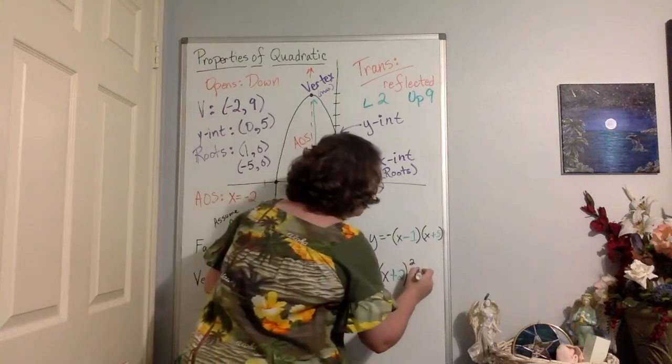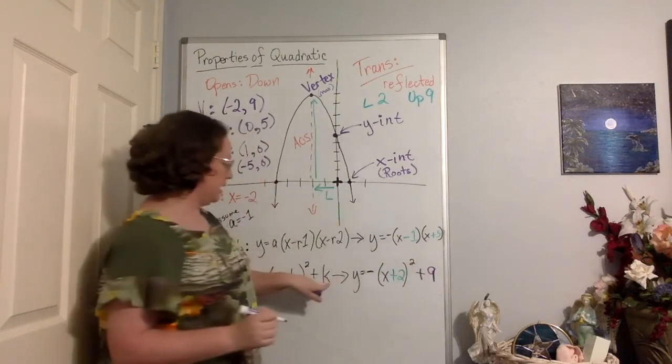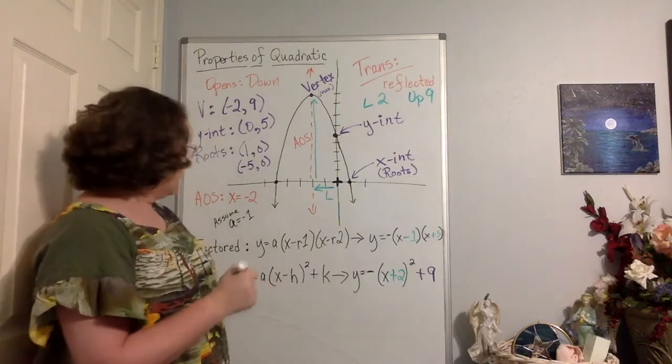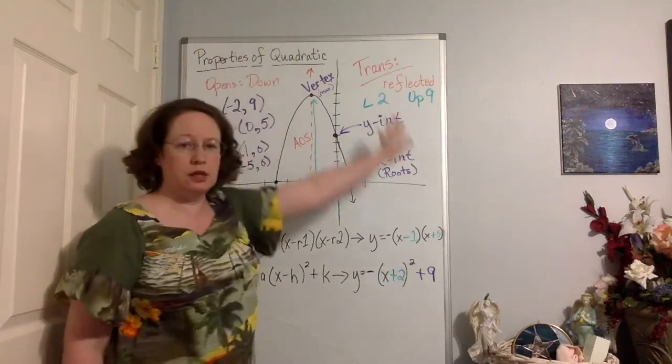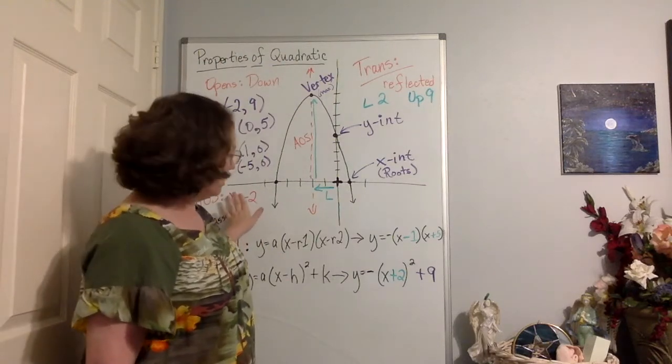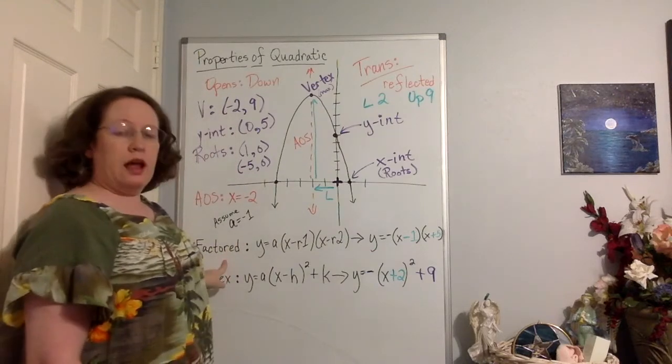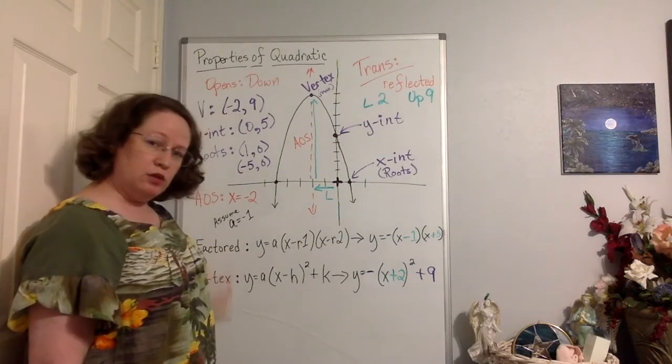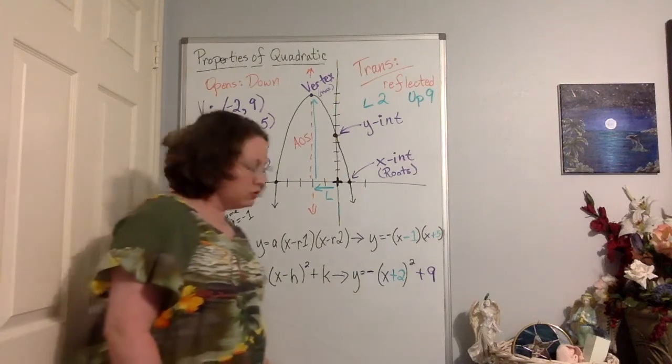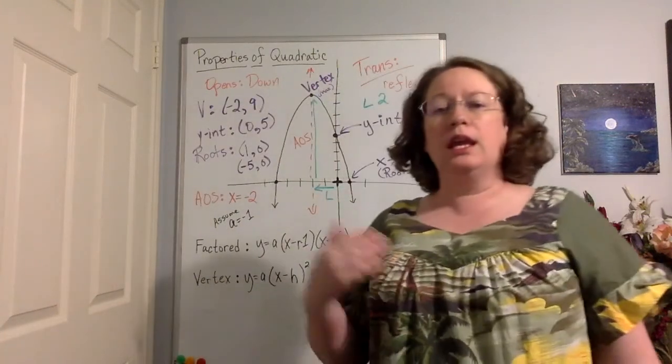Yes. So I got to put a +9 at the end where my k value would be. And now I have all of the properties for my quadratic graph. And I have the quadratic equation written 2 different ways. We'll talk about how to write it in standard form in another video.